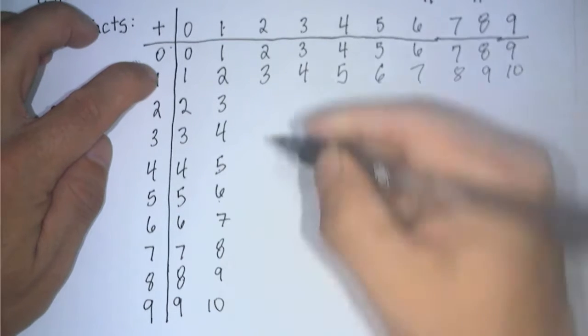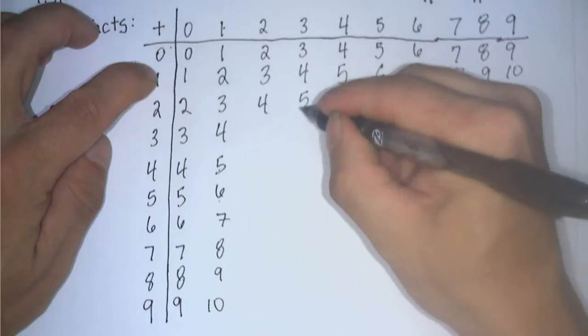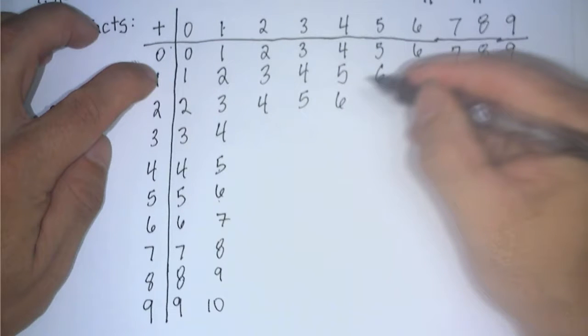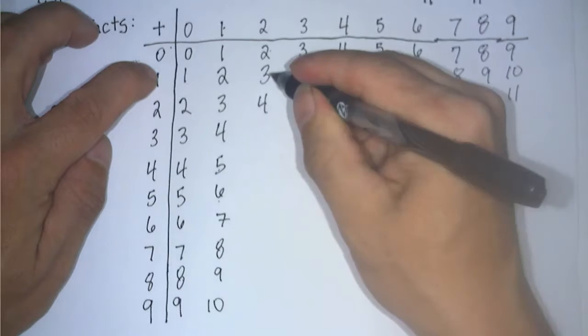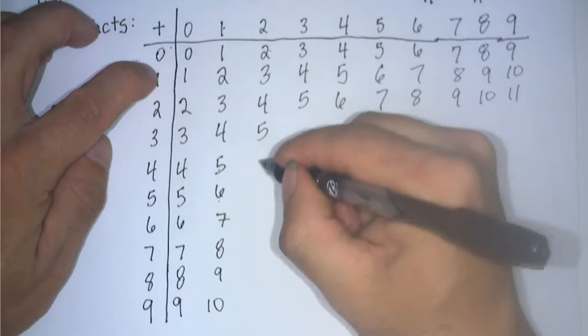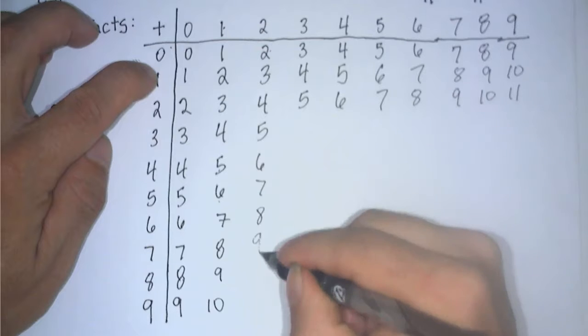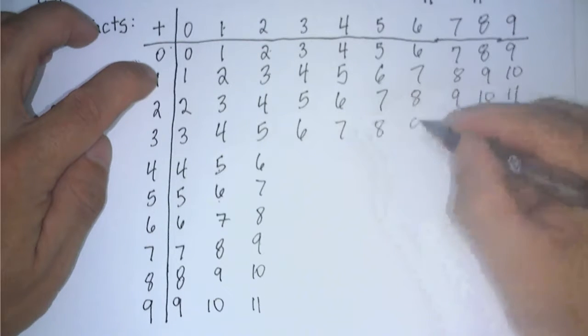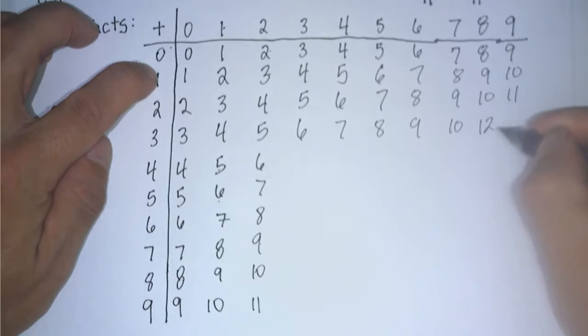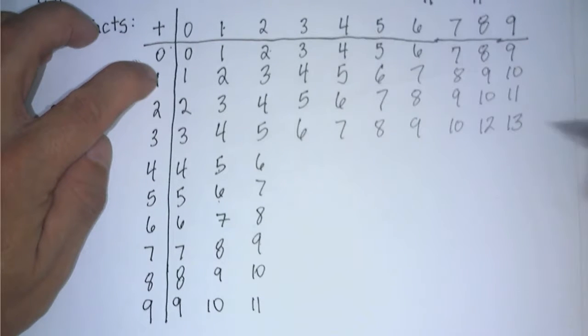So this is really more of a counting table than it is an addition table. You can count in any direction you want, up or down, right or down.